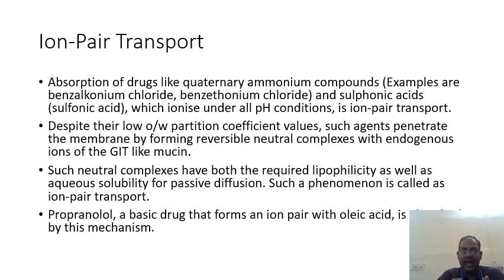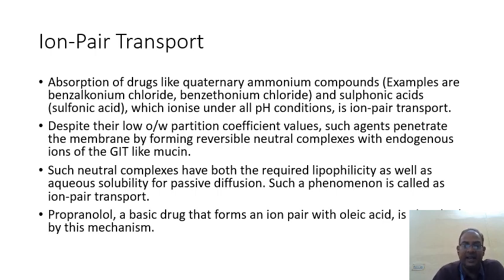Both cation and anion interact together, not actually binding, to form an ion pair. This ion pair is neutral in nature and has the ability to travel across the cell membrane. That is why we see ion pair transport.